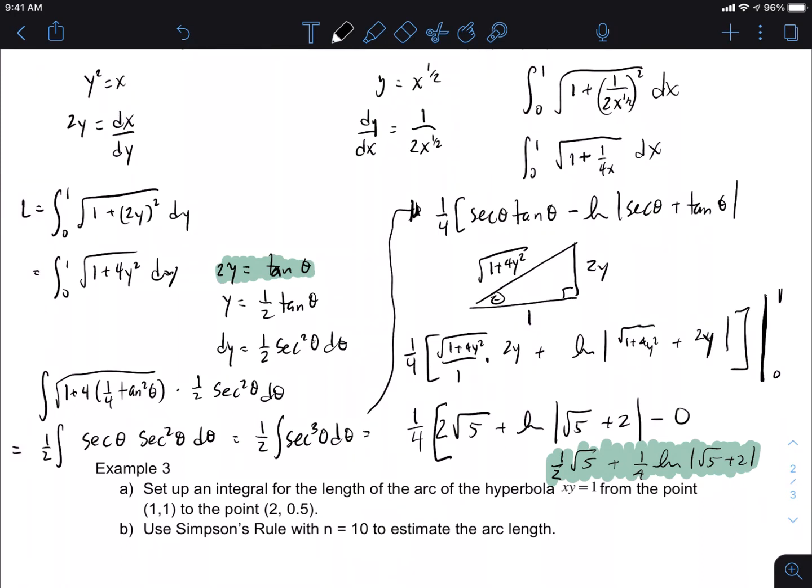Any questions on this problem? No? Or are you guys just trying to absorb it? Writing and absorbing it. Yeah, no, I get it.